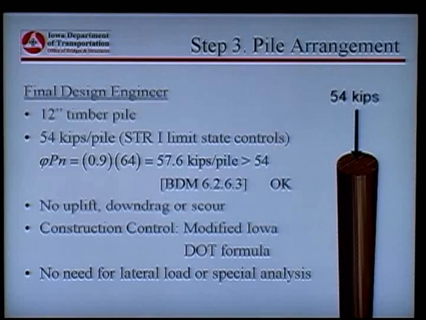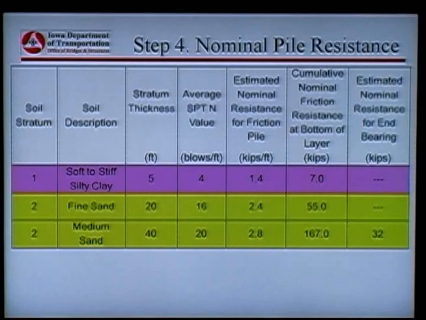You come up with this number, 57.6. We say that this is greater than 54. We are good with the selection of the timber pile and the number of piles. So in this example, there is no uplift, no downdrag or scour consideration. Construction control, again, as a reminder, uses the modified Iowa DOT formulas, with no special consideration for lateral load, downdrag, or scour in this example.